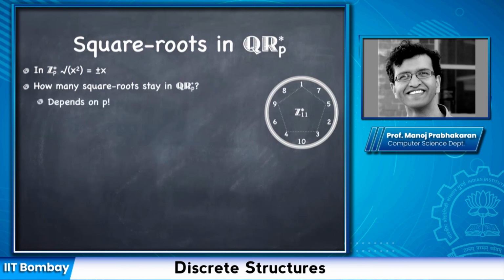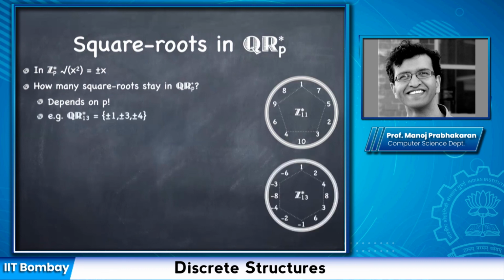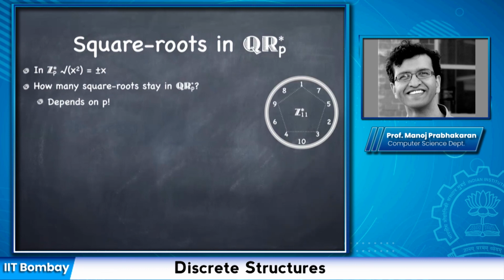Okay, so let's take a look at this. The simple answer is that it depends on p. So here, if you look at every element, 7, its negative is 6. The opposite end of 1 is 10. That's what you get when you multiply by minus 1.